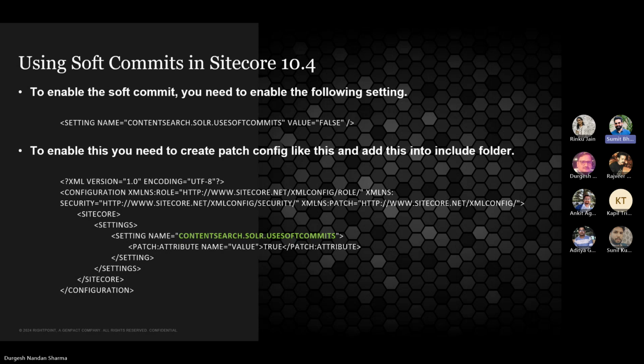So balance the commit intervals based on your needs to ensure good performance and data safety. To enable soft commit, you need to enable the following setting: Solr content search dot solr dot use soft commit. That is by default false. But what you can do is create a patch file and update it to true. So you can use this patch file to update the setting. Next slide, please.